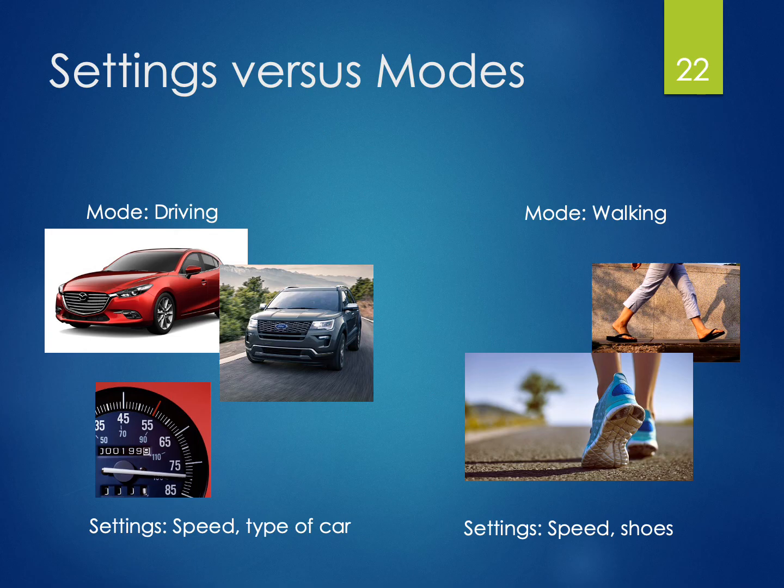You still walked, that was still the mode, but the settings within that mode, those specific elements can change. So back to our ventilator, the mode is the larger category describing how the ventilator will interact with the patient, but the settings could be different within the same mode, just like the type of car you drove, the speed you drove, the kind of shoes you wore, etc.